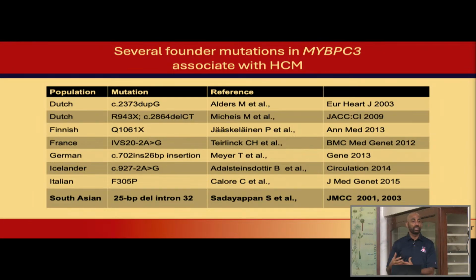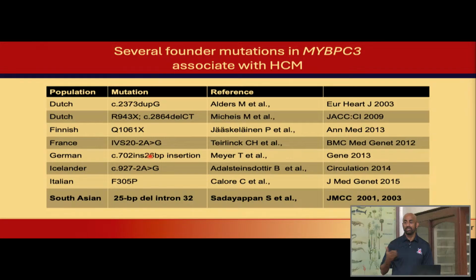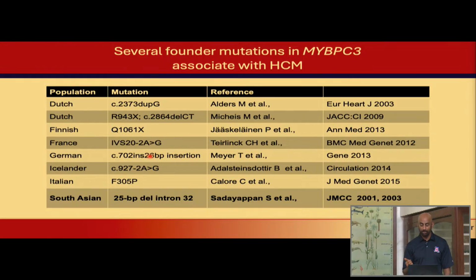What is a founder mutation? It is a mutation that is very specific to an ethnic group or a population or a region. For example, the one from Germany, this 702, exists over 50 generations in a region. So that's been a founder mutation.